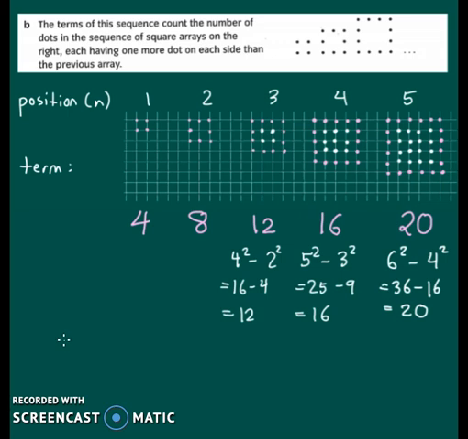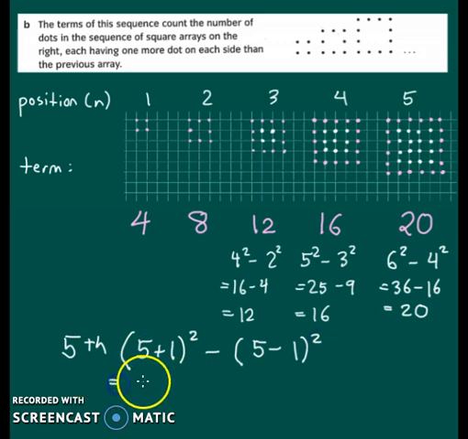So for the 5th term, for example, we said 5 plus 1 squared, that was 6 squared. And we took out a square that was made up of 5 minus 1 squared. So that's how we got 6 squared minus 4 squared, which ended up being 20.